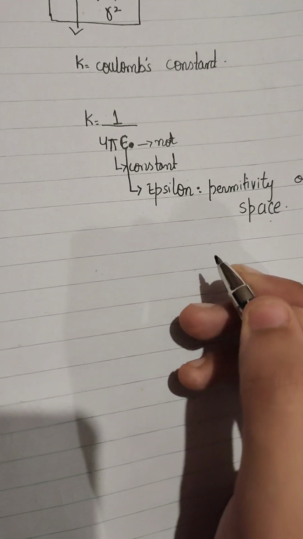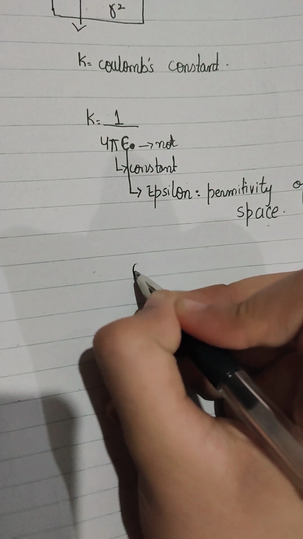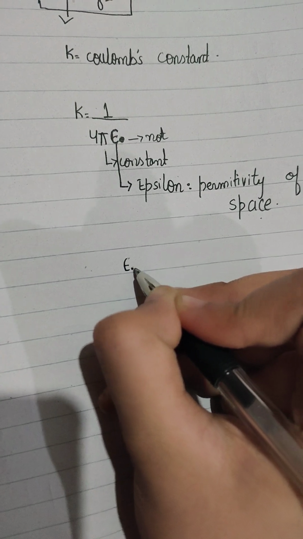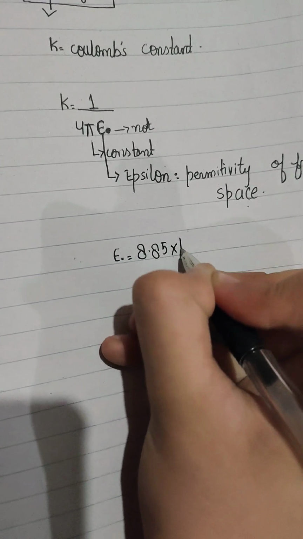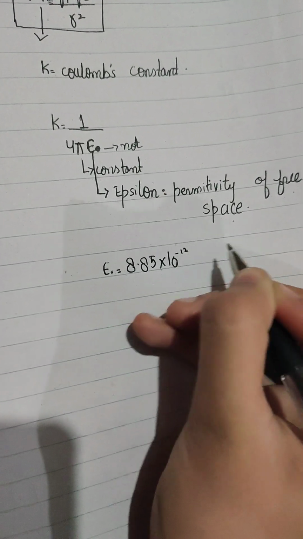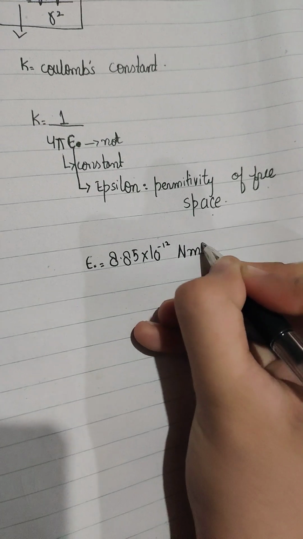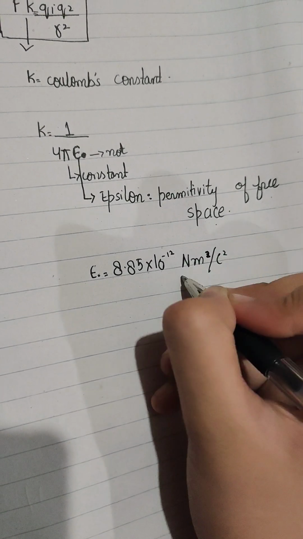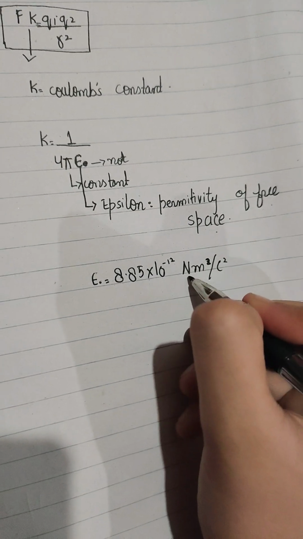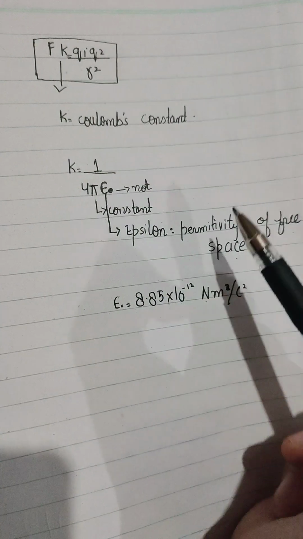So the value of epsilon naught is 8.85 into 10 to the power minus 12 coulomb square per Newton meter square. How did this unit come? Newton is the unit of force.